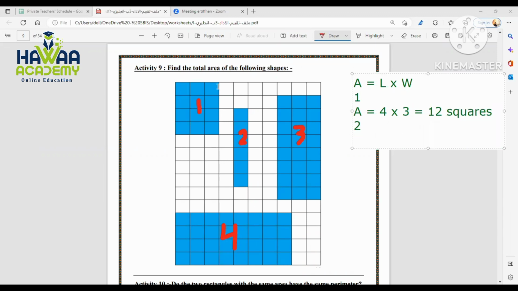What about shape 2? The area equals what? I have the length 1, 2, 3, 4, 5, 6. What is the width here? It's just 1, so 6 times 1 will be 6 squares. What about shape 3? Let's find out.